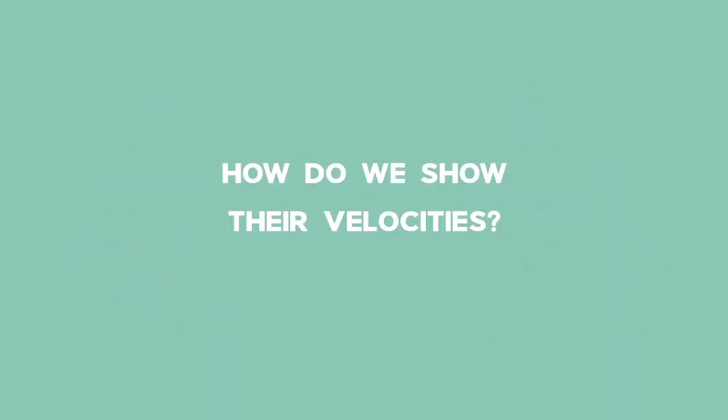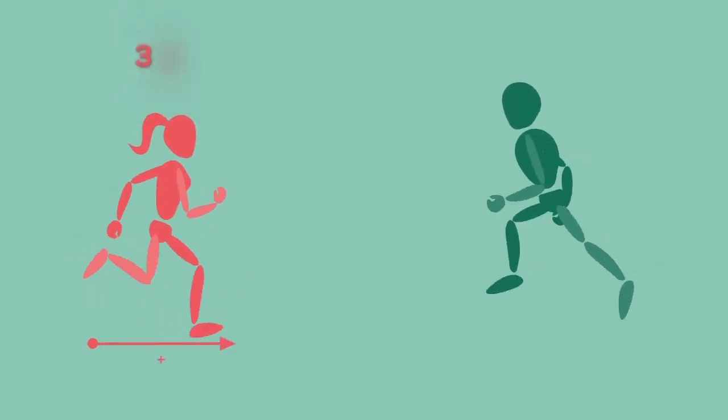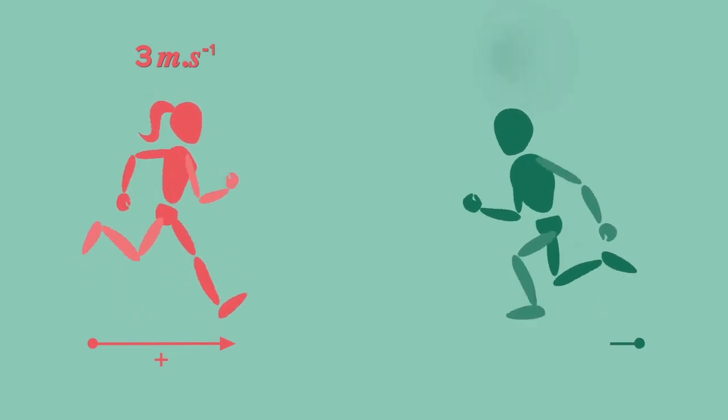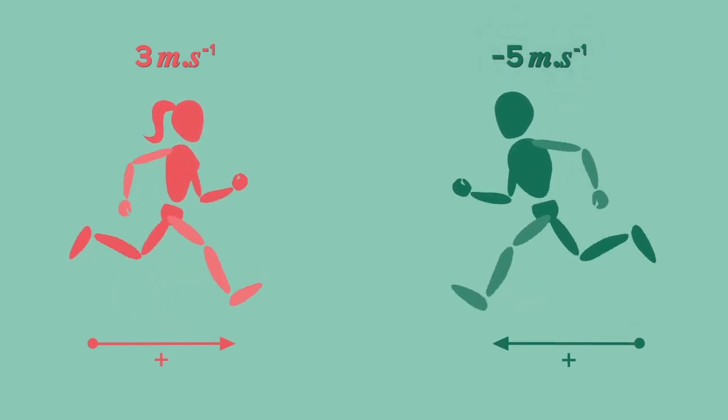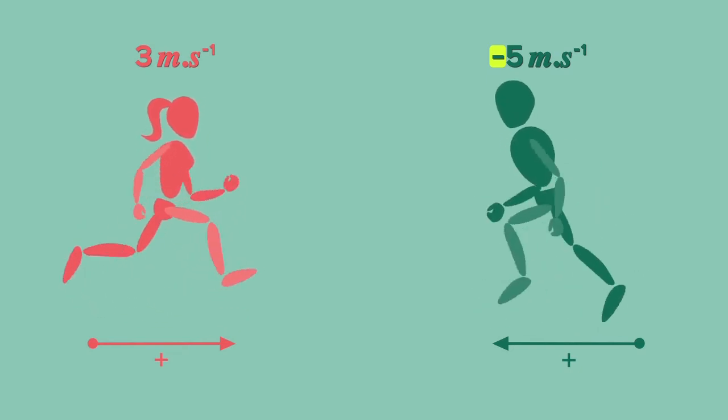How do we show their velocities? The girl's velocity of movement will clearly be positive 3 meters per second, while the boy's will be negative 5 meters per second. The negative is very important if we are to use it in calculations.